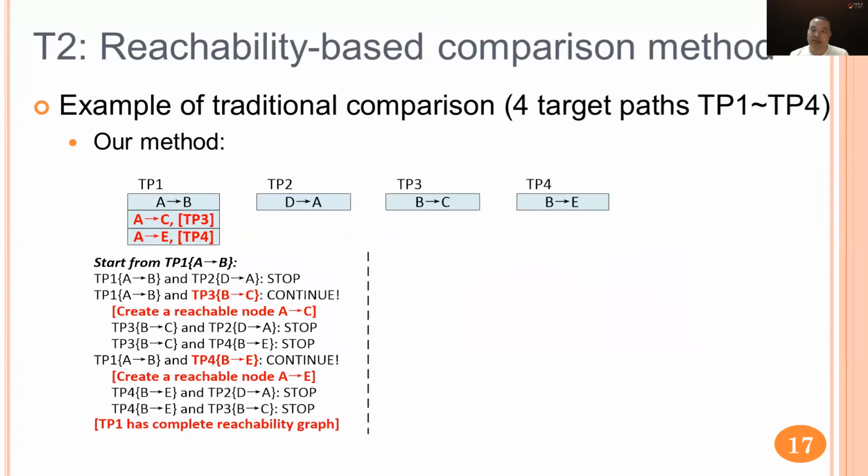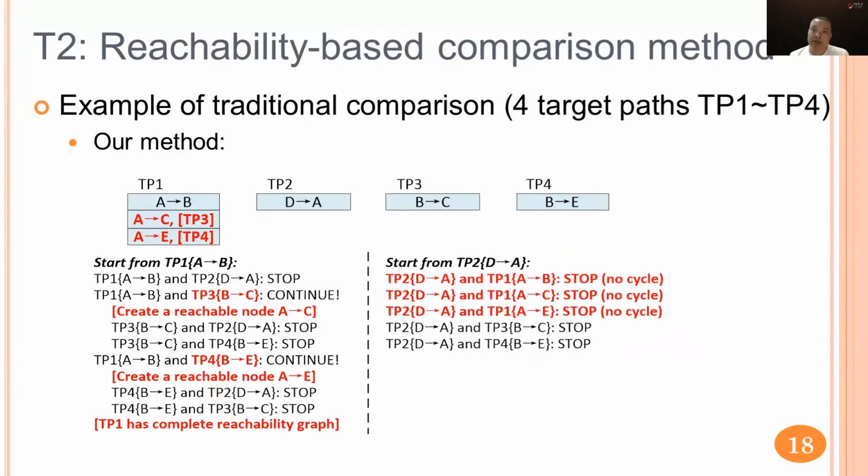Let's see the mentioned example again. We still start the comparison from the code path TP1 and add some indirect locking constraints during the comparison. The added locking constraints are shown in bold words.